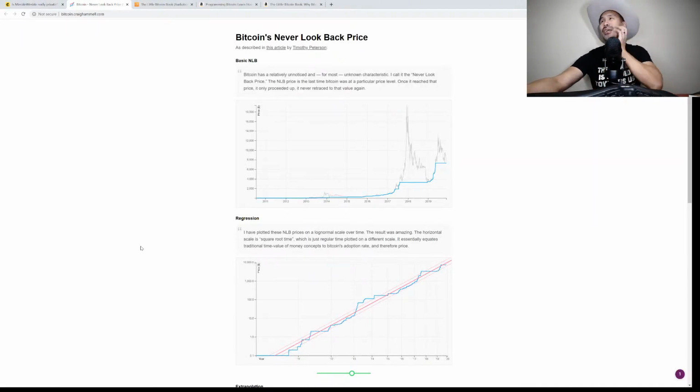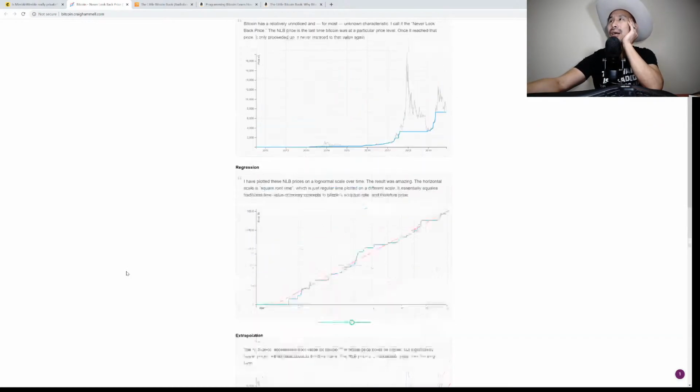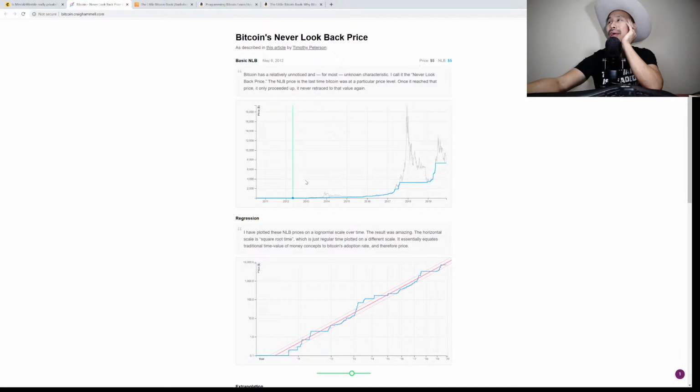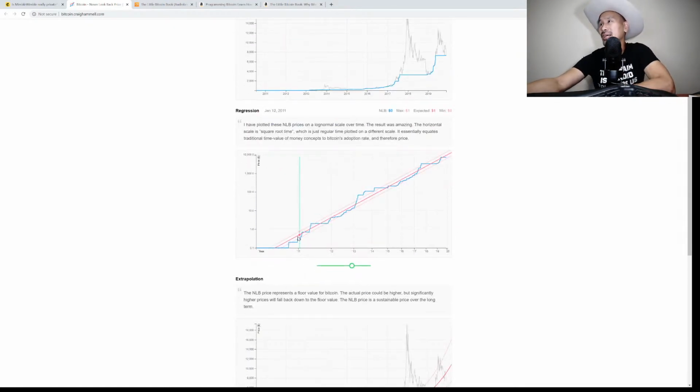This is an interesting website, Bitcoin's never look back price. Basically, it's taking a look at when Bitcoin hit a certain price, and at that point, it never looks back at that price again. You can take a look at 2011, for example. Right around April or May or somewhere around there, we never looked back at $1.